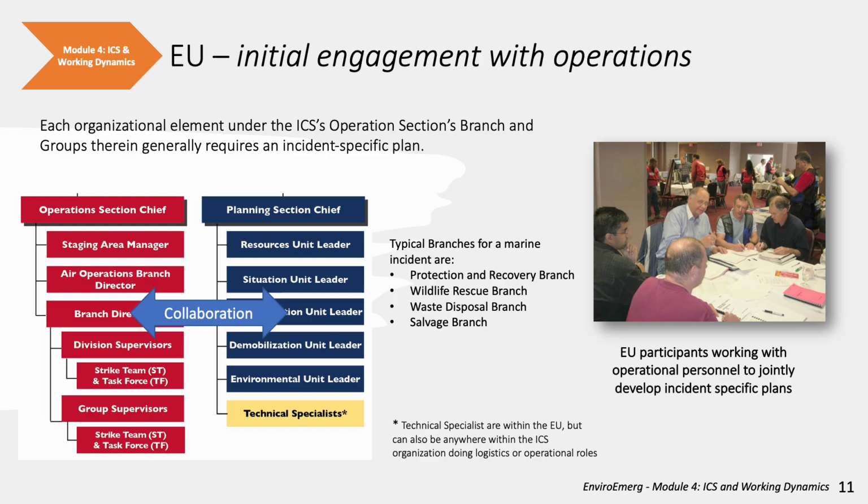Typical branches for a marine incident would be a protection and recovery branch that deals with removing pollution such as oil off water, a wildlife rescue branch, a waste disposal branch, and a salvage branch to deal with maybe the vessel casualty itself. Again, each one of these branches typically needs an incident-specific plan in which the environmental unit collaborates with the operations branch directors to develop, generally as working groups, which we examine further on.